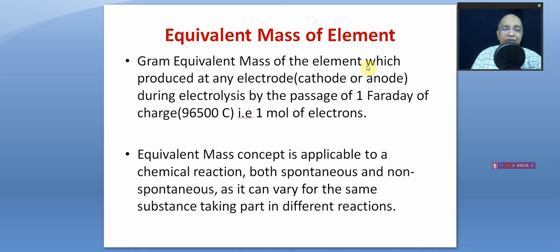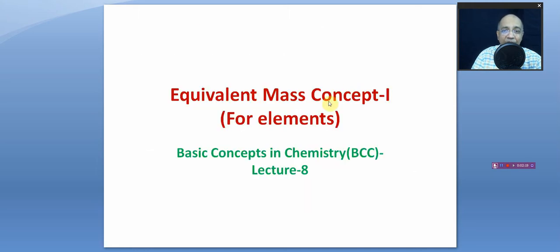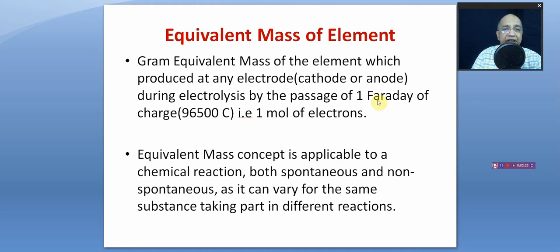We will develop the concept for elements, and then in equivalent mass concept 2, we shall be using different types of compounds used for non-redox reactions, redox reactions, and so on and so forth. So the gram equivalent mass, that means equivalent mass expressed in gram.